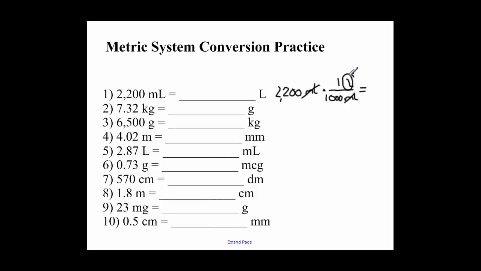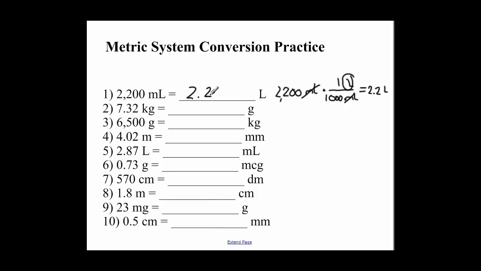So on your calculator, if you took 2,200 and divided it by 1,000, you would end up with 2.2. So our answer is 2.2. And remember, in the metric system, we can use decimals. We want to use decimals instead of fractions. So the answer is 2.2 liters.